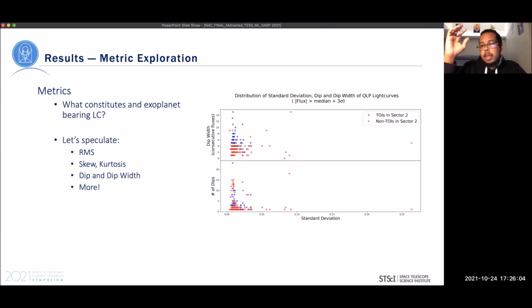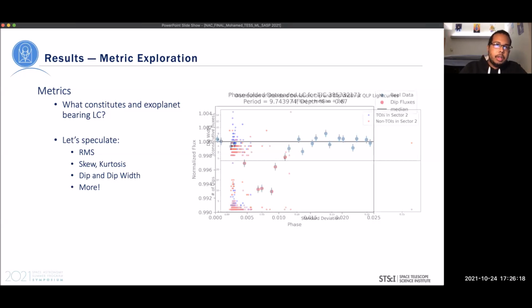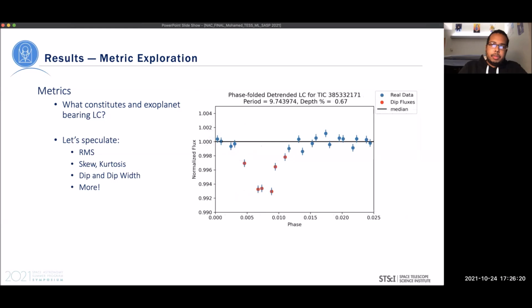So they have more consecutive fluxes below 3 sigma of the median. And those which aren't identified as planets seem to have a much higher scatter and far fewer dips. So that's something to think about in what we factor into our machine learning model. And that's just an example right here of what we classify as a dip or a dip flux.